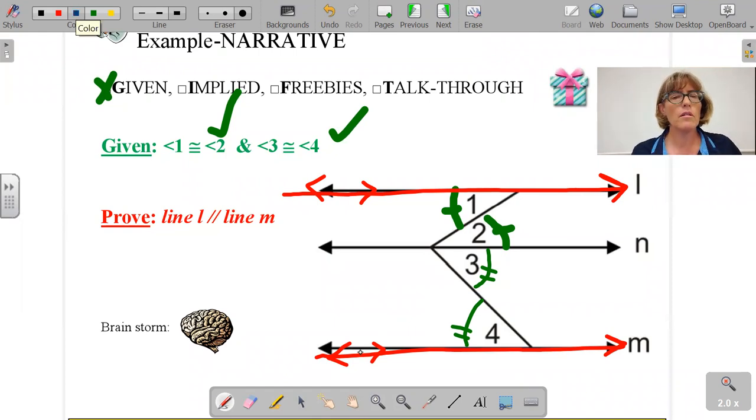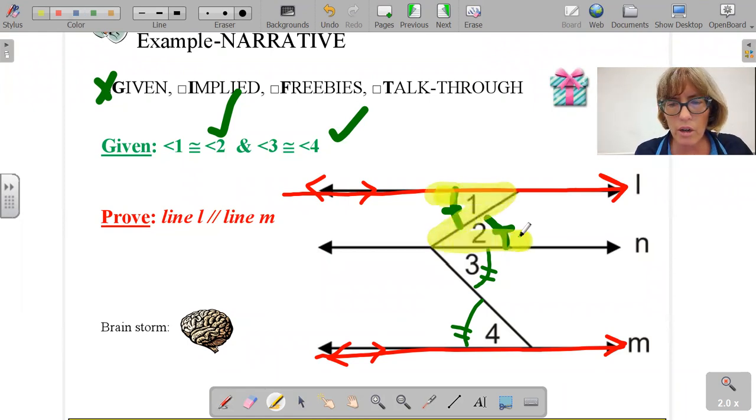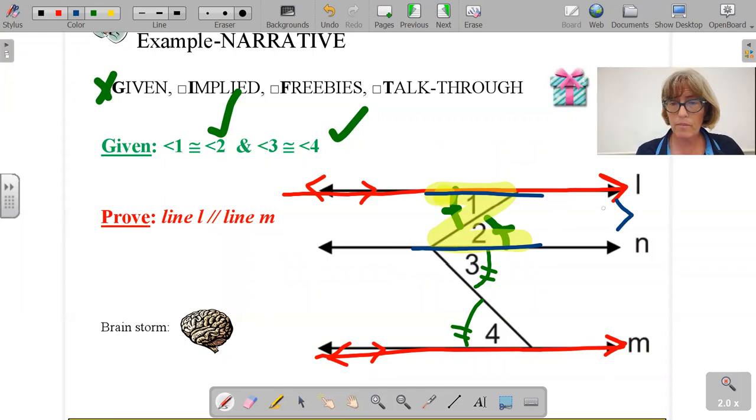Implied. What is true? If you have armpits of the Z going on here, which are congruent, that implies L and N are parallel to each other. Just going like that. Then you have armpits of the Z going this way.